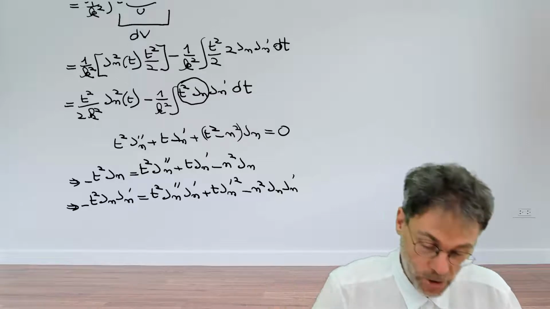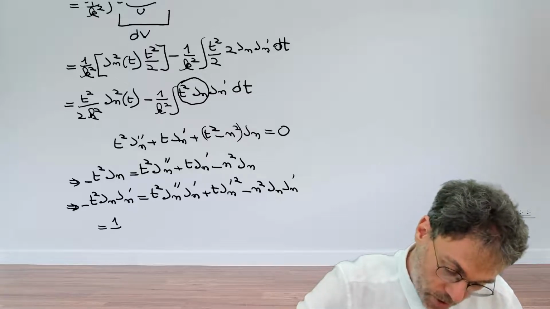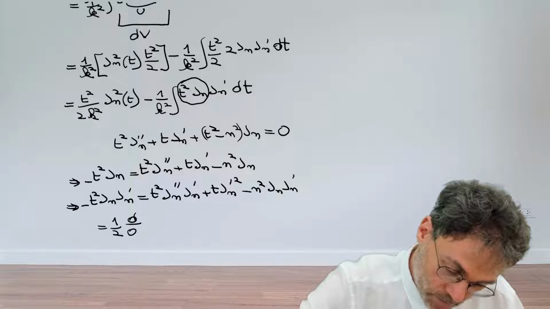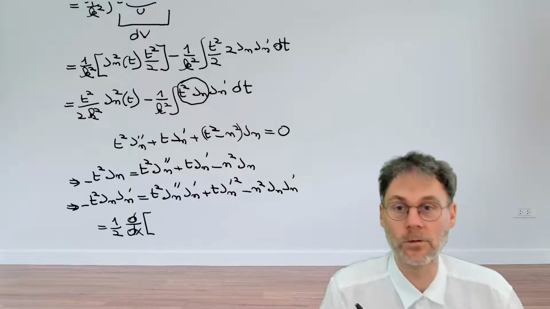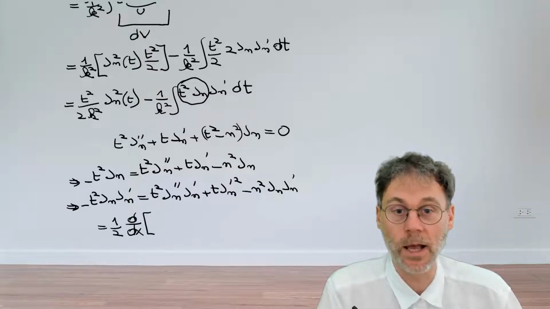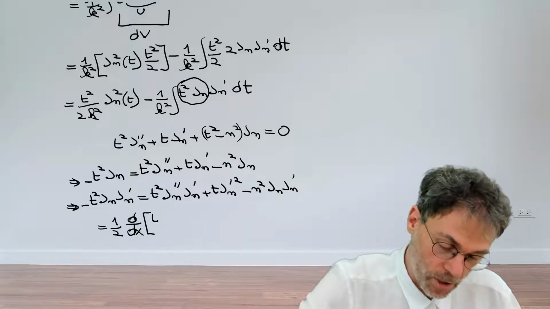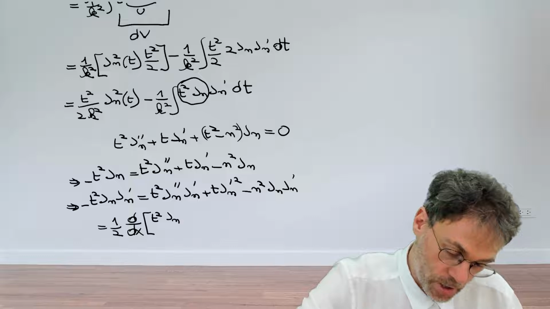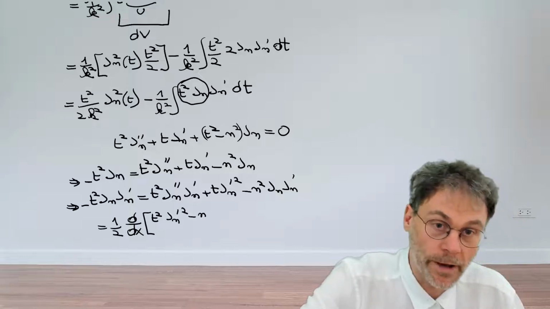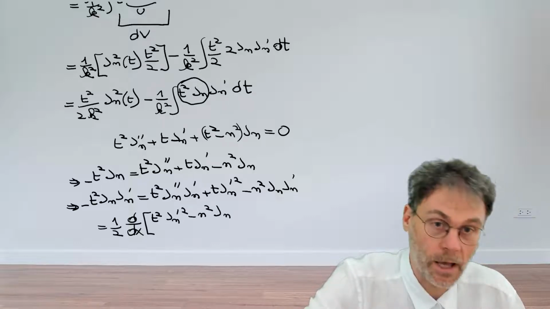And here comes the magic, or the flash of divine inspiration if you want. You will realize, or you might not realize, it's not that straightforward, that this thing over here is in fact the total differential of t squared J_n prime squared minus n squared J_n squared.